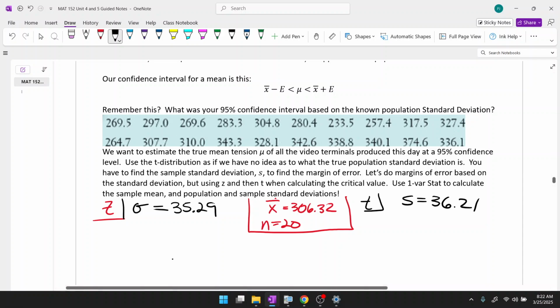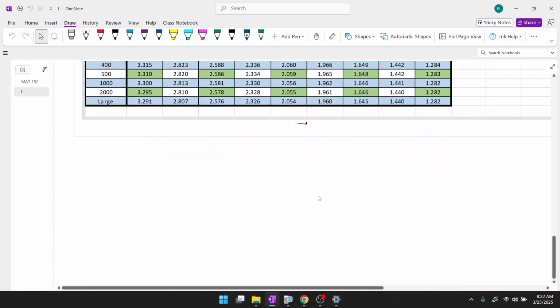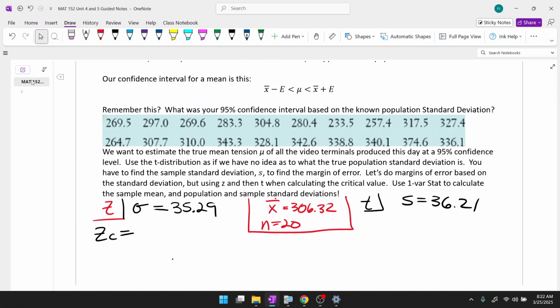Now, basically, your critical Z value, since this is 95% confidence, you just look for 95% confidence and go here, 1.96. Now, for the T distribution, we look at 95%, you have to do 19 degrees of freedom.